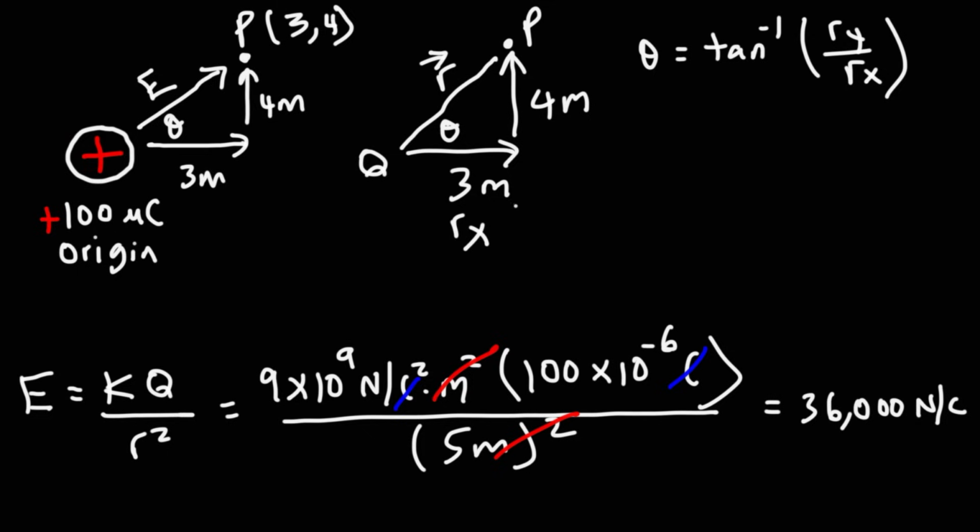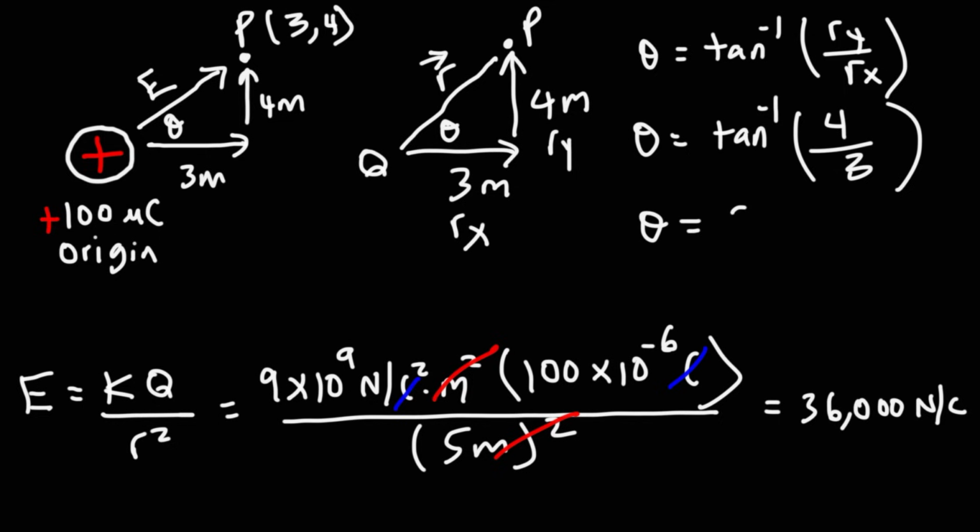Rx is the horizontal component. Ry is going to be the vertical component. So Ry is 4, Rx is 3. So arctangent of 4 over 3 gives us an angle of 53.13 degrees with respect to the positive x-axis.